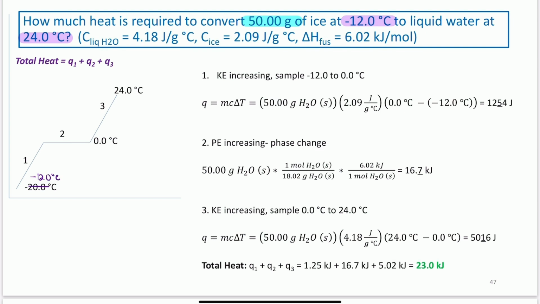I'm going to draw a curve from negative 12 degrees C up to 0 degrees C because I need to undergo a phase change at 0 degrees C. I'm going to draw a second one at 0 degrees C for my phase change. Once I get through that phase change, I'm then going to keep heating that sample up until I reach 24 degrees C. So another increase in kinetic energy.